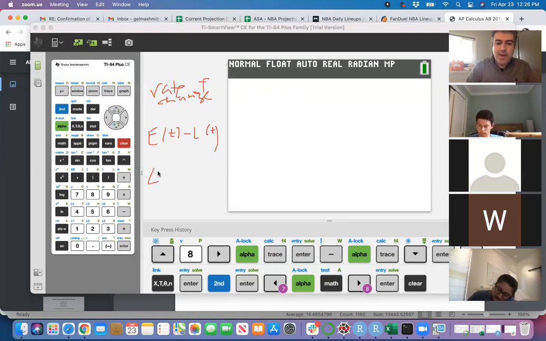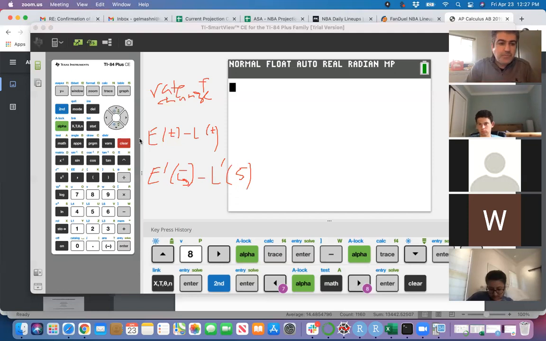So it's going to be E prime, and we're doing this at 5. E prime 5 minus L prime 5. So that's what they want. So you have to be able to interpret what they want correctly. If you think about it, this would be the derivative of the number of fish. But again, you have E and L functions. They want how the rate of change is changing, so you do the derivative of that rate of change.